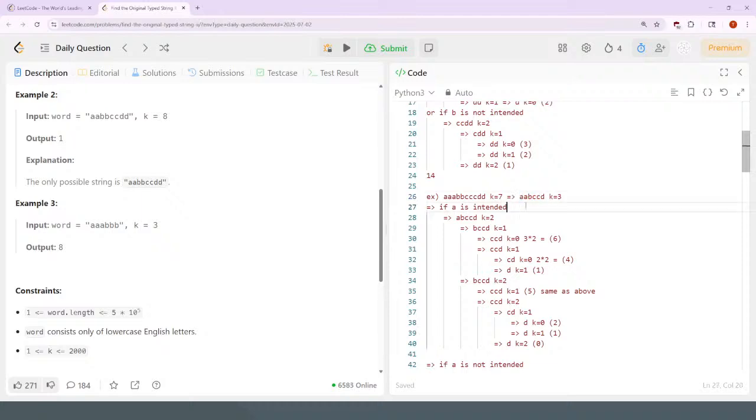So decrement this, increment this. 1 A is intended, k is decremented by 1. 2 A's are intended, k is decremented by 2.